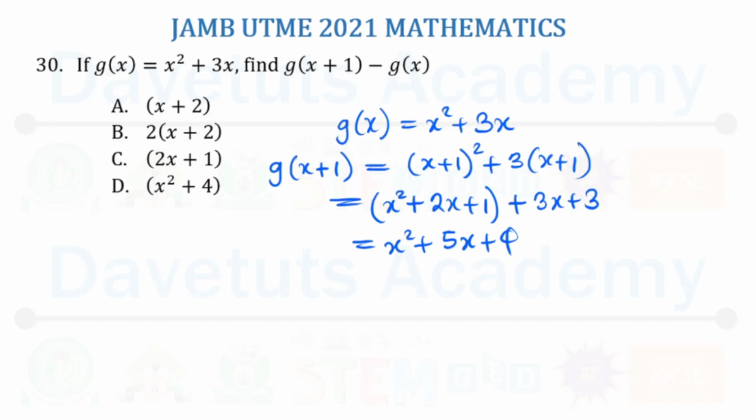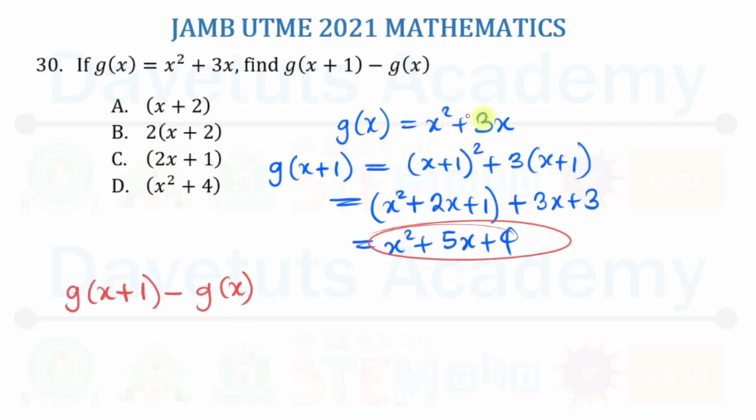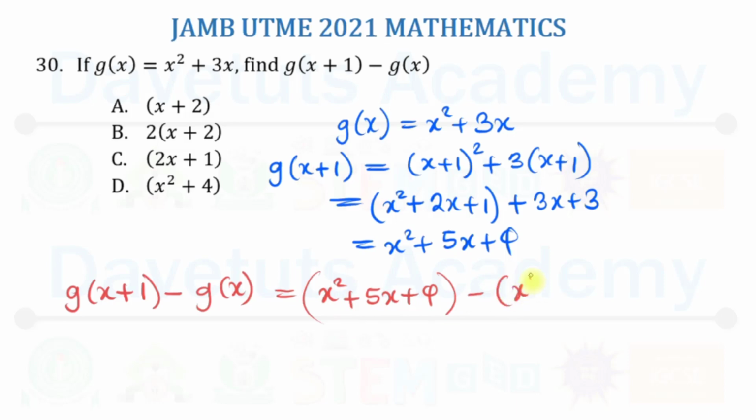We want to open up the bracket, since we are looking for G of X plus 1 minus G of X. It will be this whole equation minus this particular one. That gives us X squared plus 5x plus 4 minus X squared plus 3x.